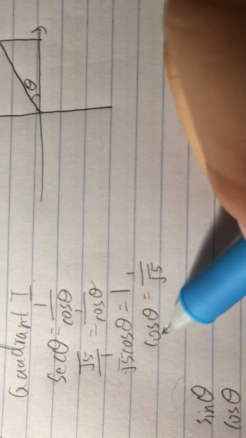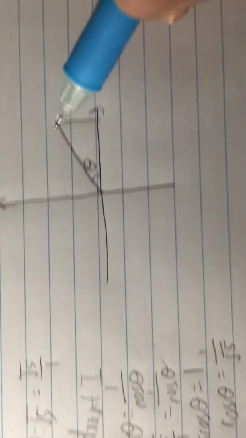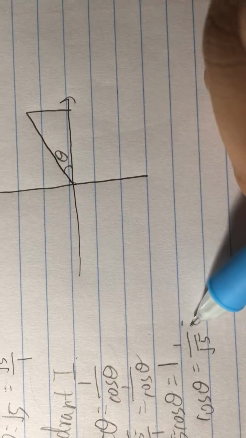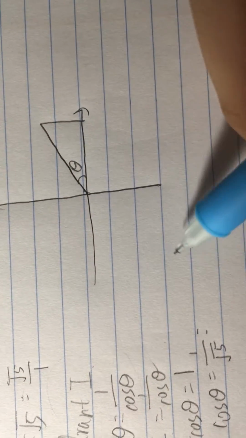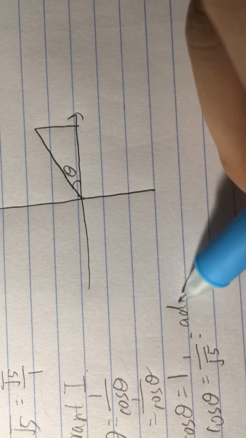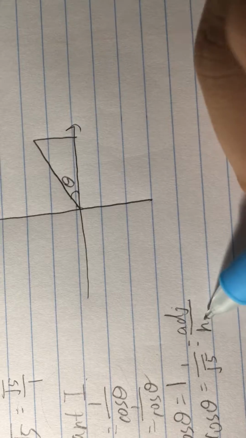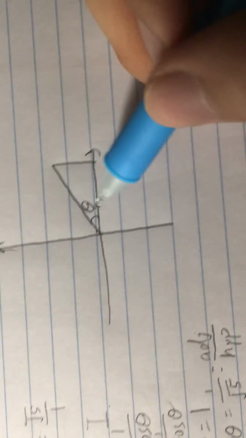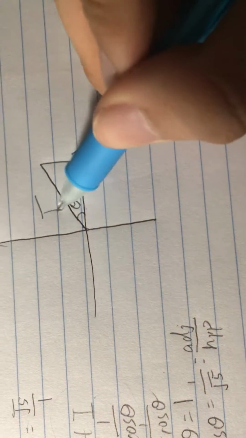And as we know, the cosine theta equal to 1 over square root of 5. And the cosine theta is also the adjacent side over the hypotenuse side, which we know this is 1, this is square root 5.